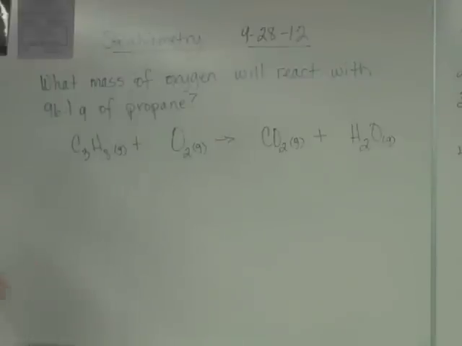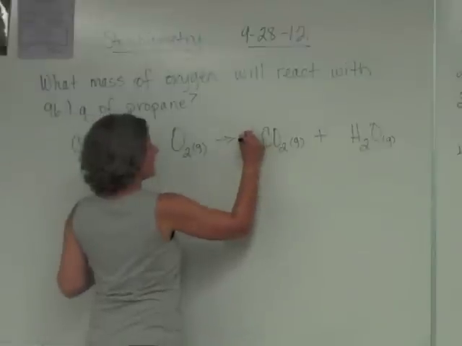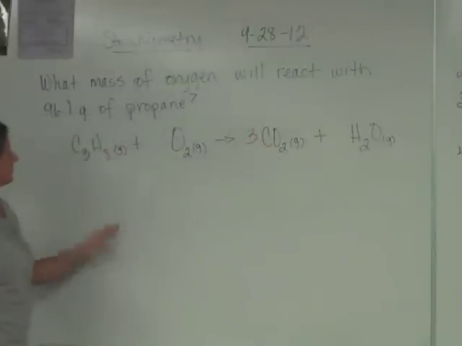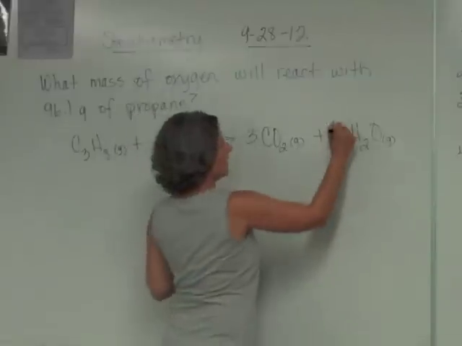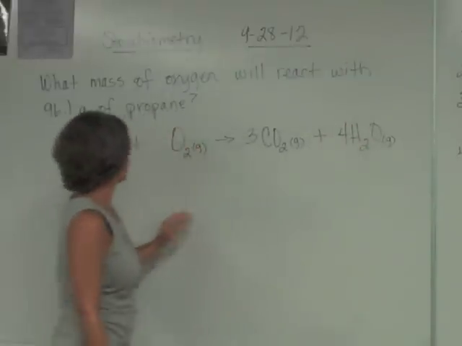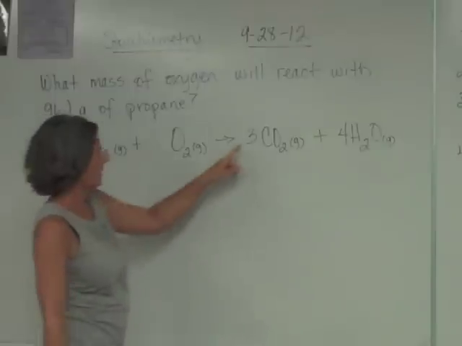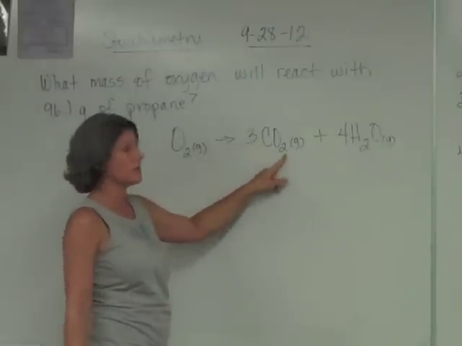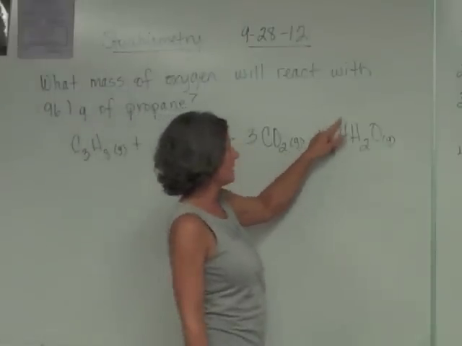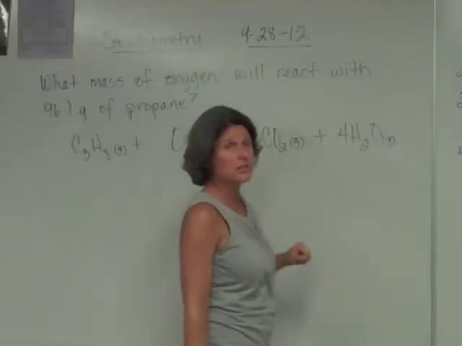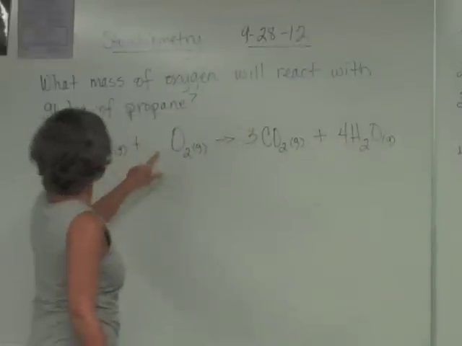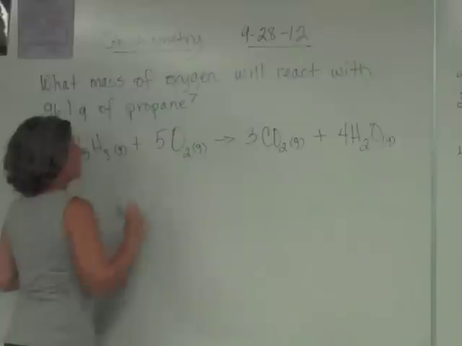All right, let's see if you did it right. So I've got 3 carbons, I need 3 carbons. I've got 8 hydrogens, I need 8 hydrogens. I've got 2 oxygens, and now I have 3 times 2 is 6, plus 4 is 10. So that means I need 5 here.